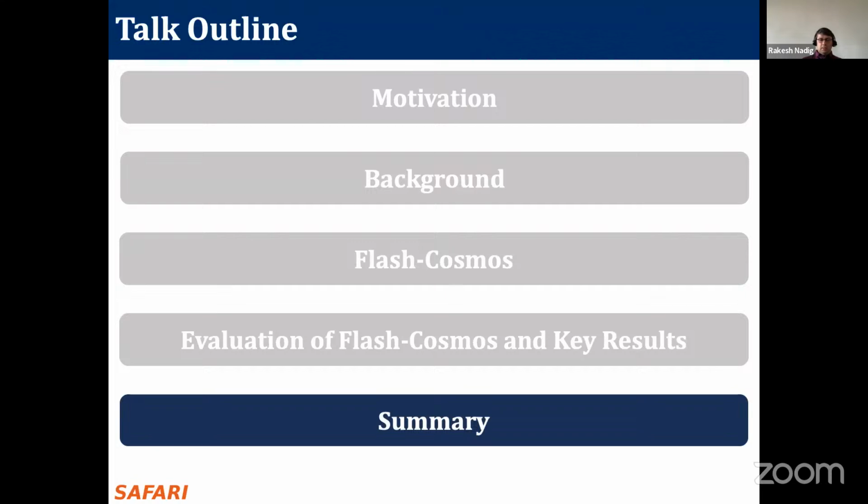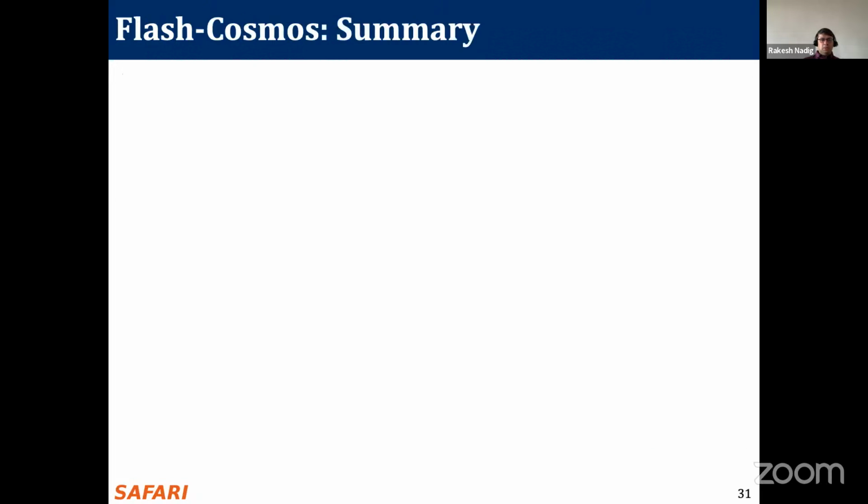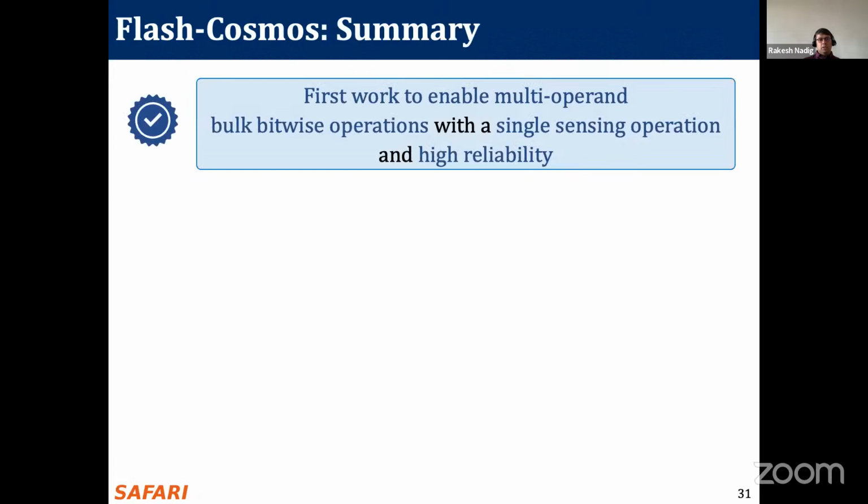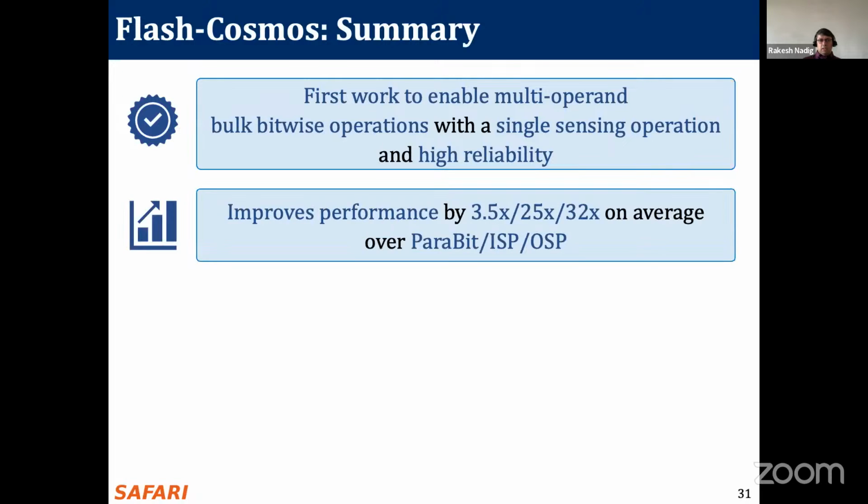Okay. So now coming to the end of the presentation, I will summarize what we have gone through in Flash Cosmos. So Flash Cosmos is the first work to enable multi-operand bulk bitwise operations with a single sensing operation, while providing high reliability for the computation results.